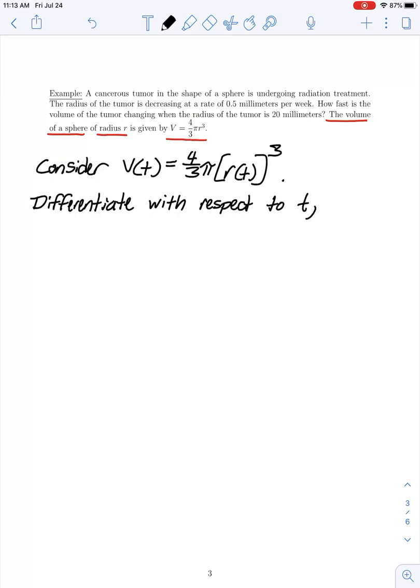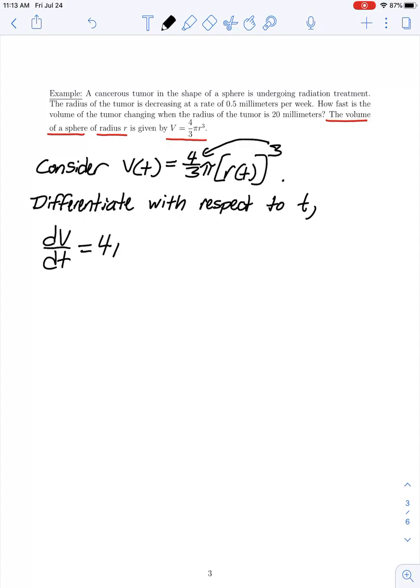So let's see what we get. On the left-hand side, we have V of t. So the derivative of V with respect to t is what we're calling dV/dt. And then on the right-hand side, we're using the chain rule to differentiate. So taking the derivative of the outer function, we take our power 3, pull it out in front with the 4/3 pi.